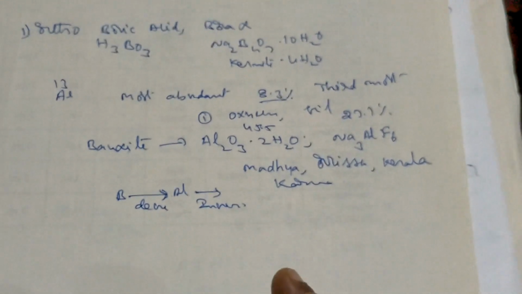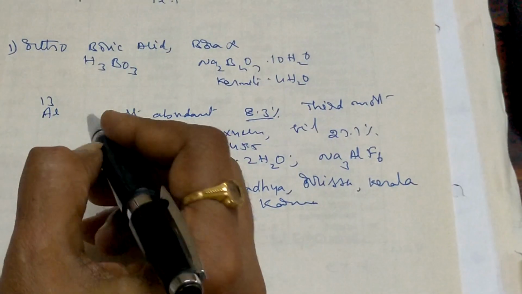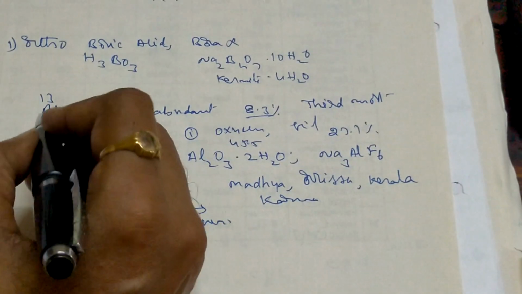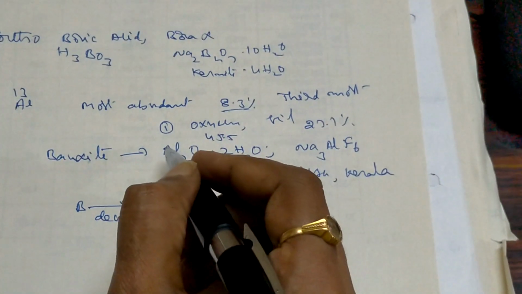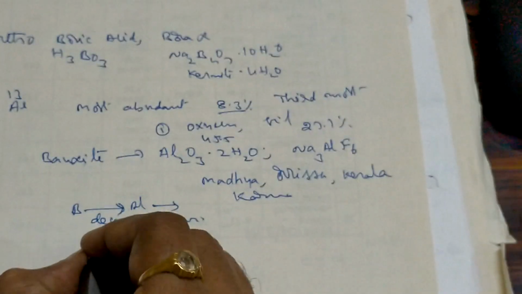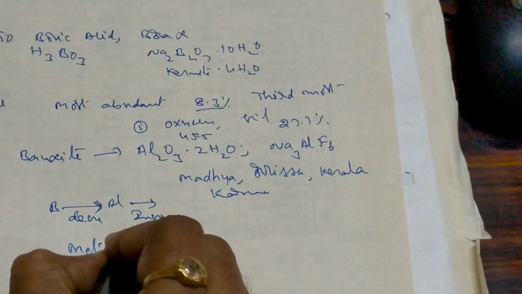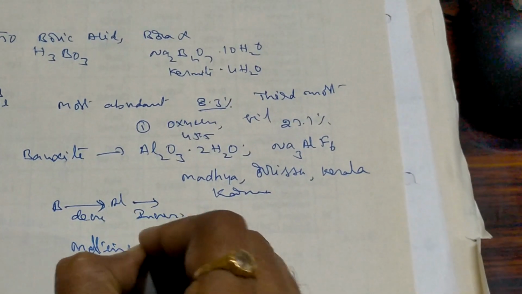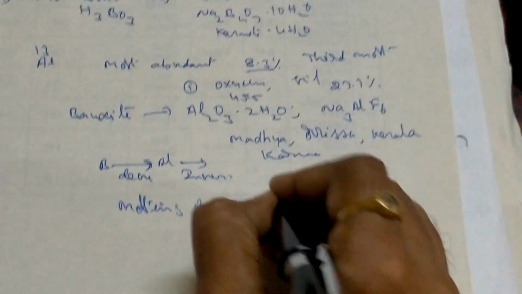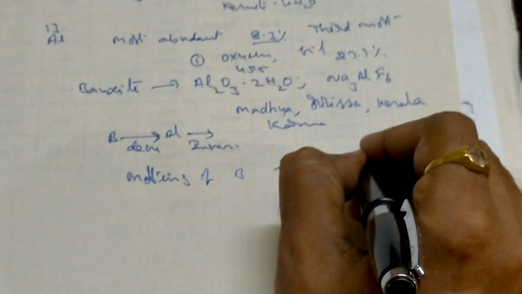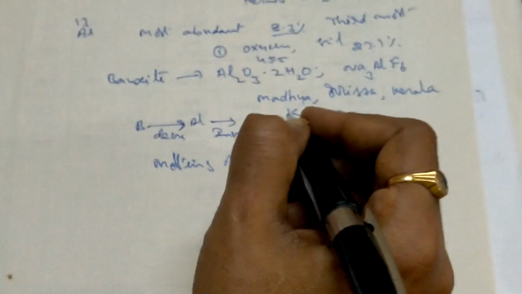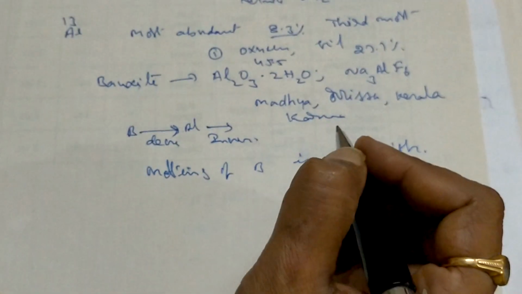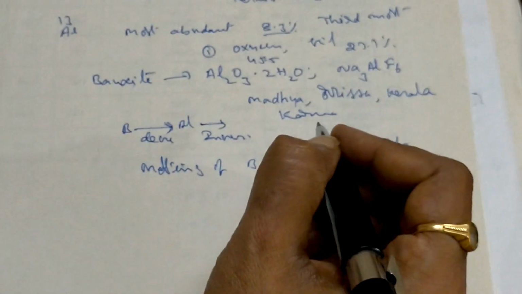One of the most critical things is that the melting point of boron is very high, something like 2450 to 2500 Kelvin.